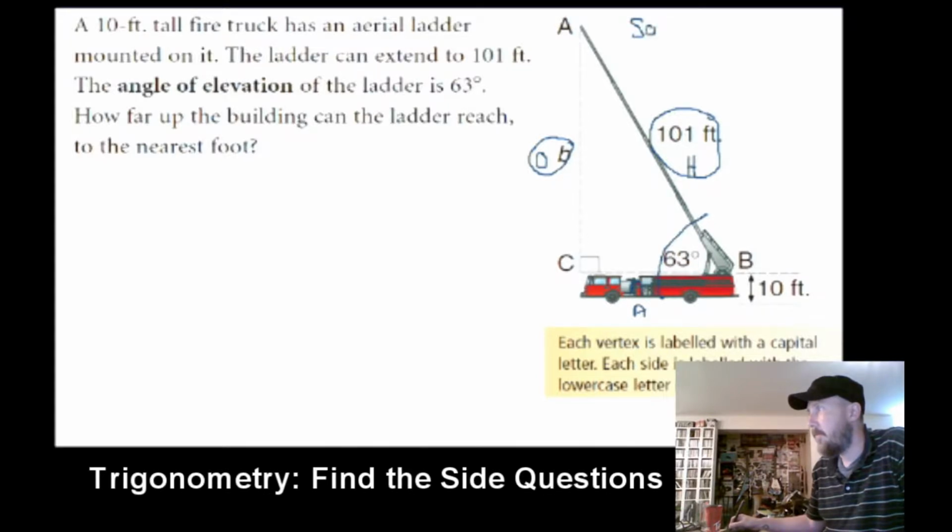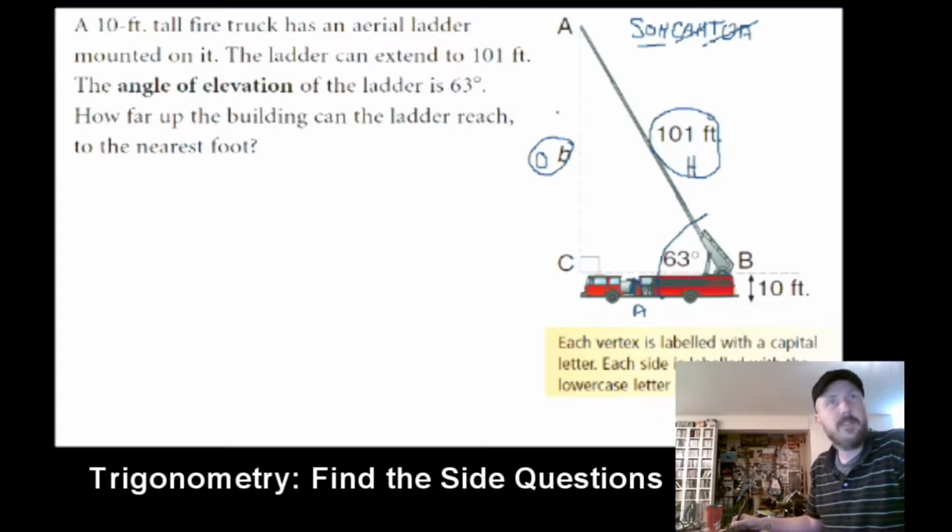If I write my stuff up here, opposite and adjacent, I don't know anything about the adjacent, so tan's not going to help me. Adjacent and hypotenuse, cos isn't going to help me. I've got to use sine. So that's why each of them are slightly different, sine, cos, and tan. For a different situation, they'll help us out here.